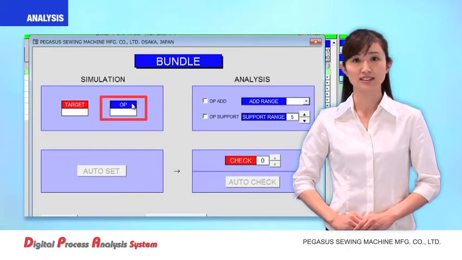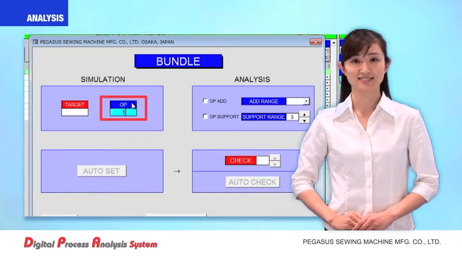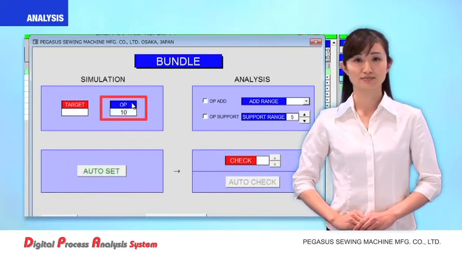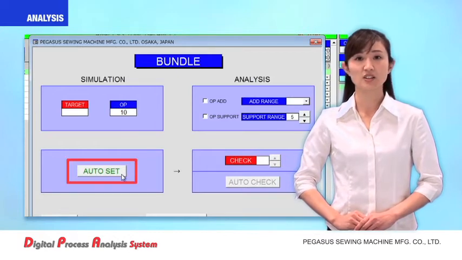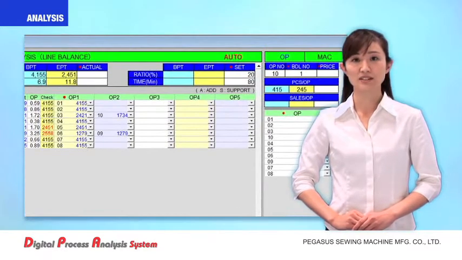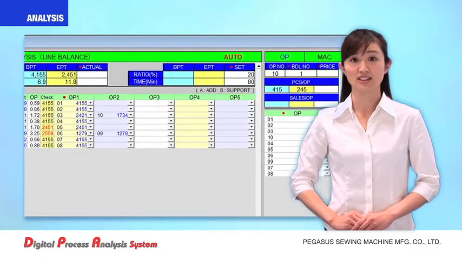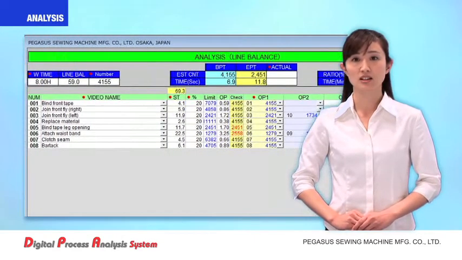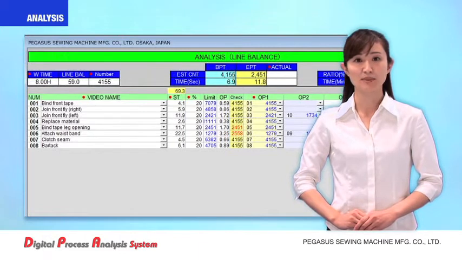For example, let's input 10. Next, click the Auto Set button to start the simulation. If 10 operators are allocated as shown, it is possible to produce 2,451 pieces. The line balance in this case is 59%.